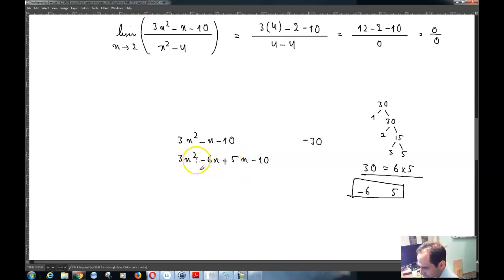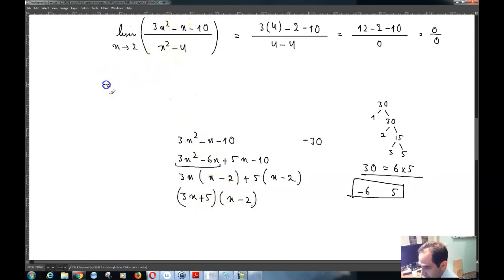And so I can take a 3x out from these two terms, and then that gives me x minus 2. 5 I can take out and write it as 5 times x minus 2. And so that is 3x plus 5 times x minus 2. So I can write the numerator as 3x plus 5 times x minus 2.